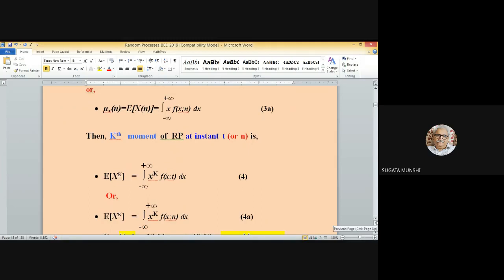So just see that in case of the discrete time random process also it's integration, because the variable of integration is x. So we are computing the expectation across the ensemble, not along the time axis.